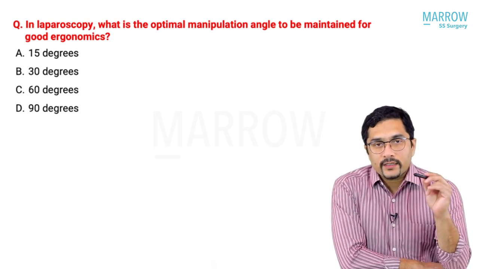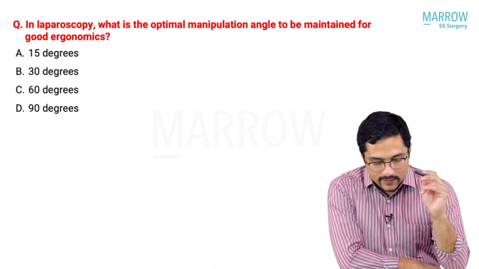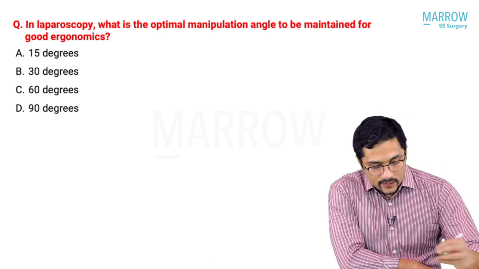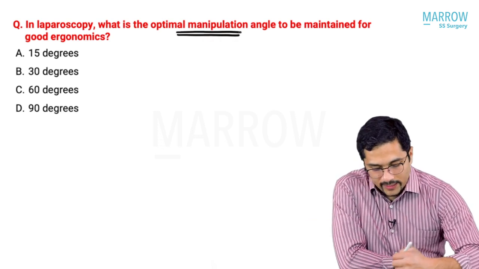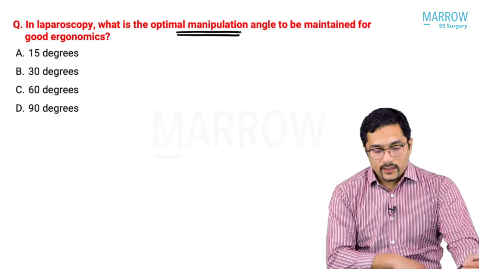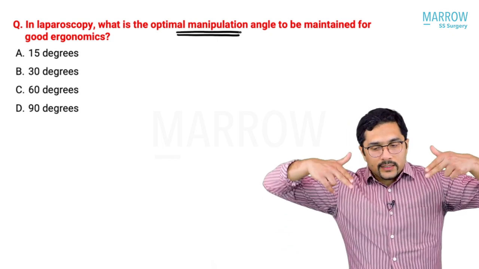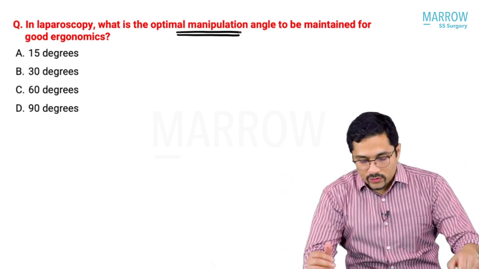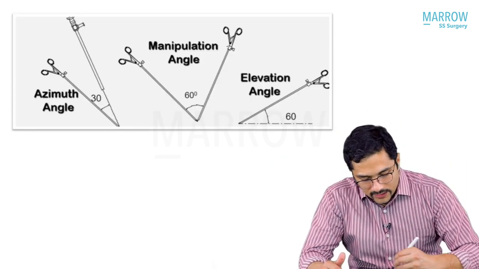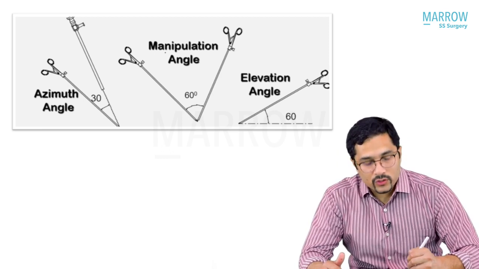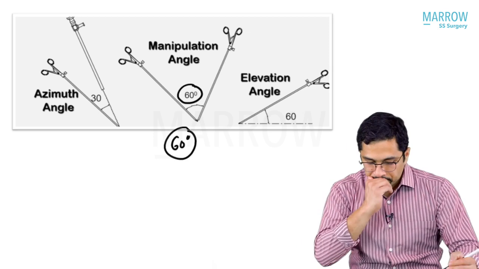There were two questions regarding angles in laparoscopy, and I had covered this in the test and discussion for general surgery in the Marrow SS new test and discussion based on the latest updates. So, in laparoscopy, what is the optimal manipulation angle to be maintained for good ergonomics? First you need to understand what the manipulation angle is. Manipulation angle is the angle between the two instruments, and ideally this should be 60 degrees for good ergonomics.